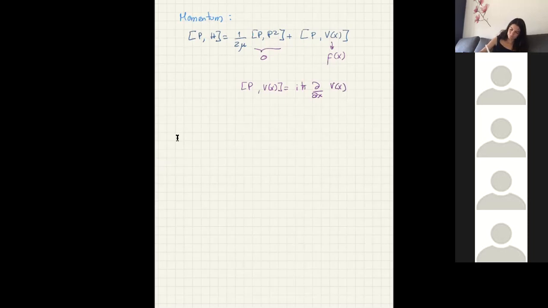Now, classically, what is the derivative of an energy, in particular of a potential energy? This is what we call the force.